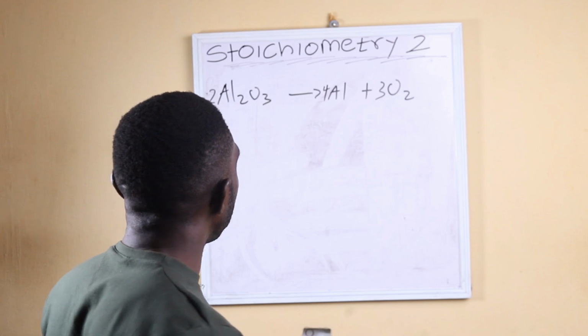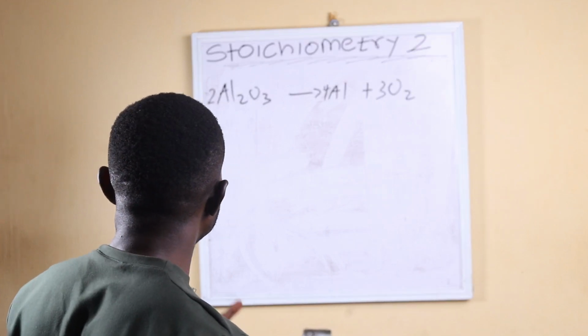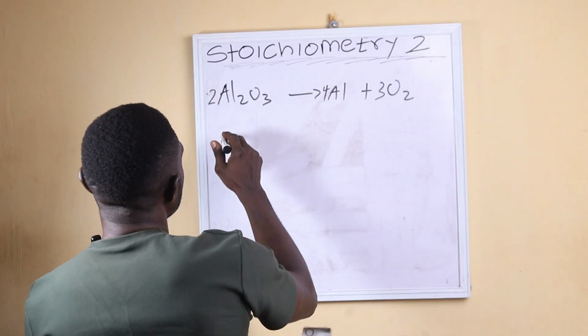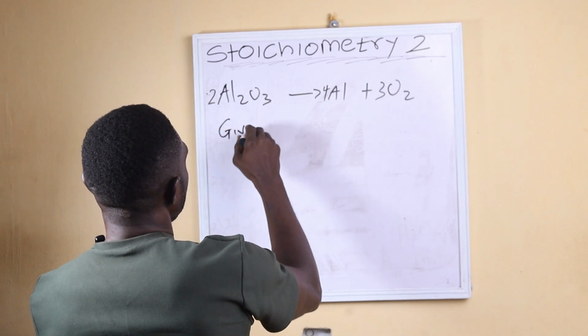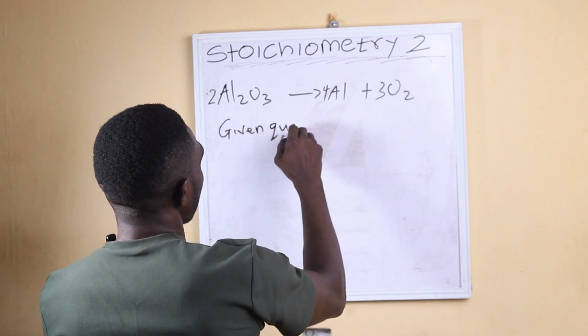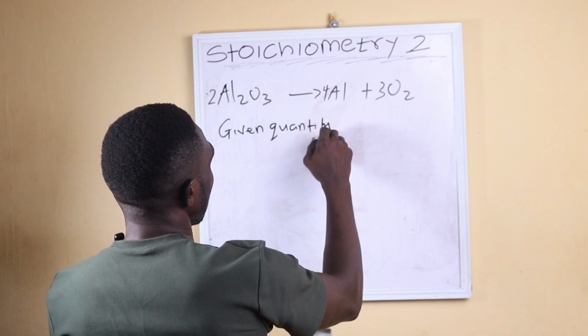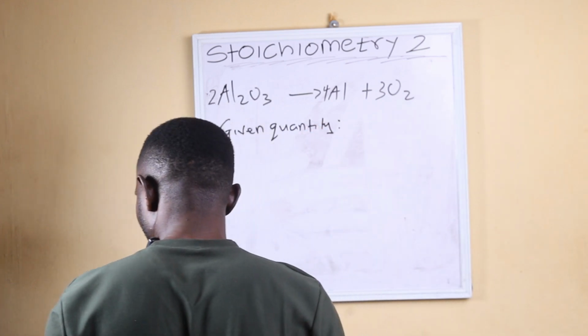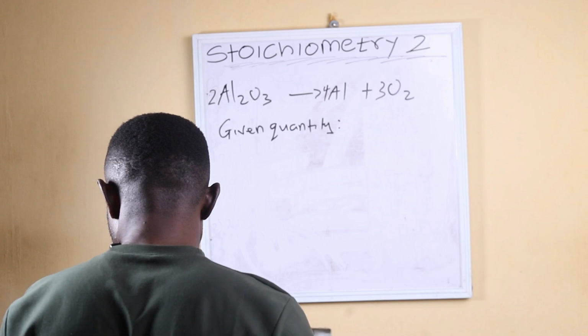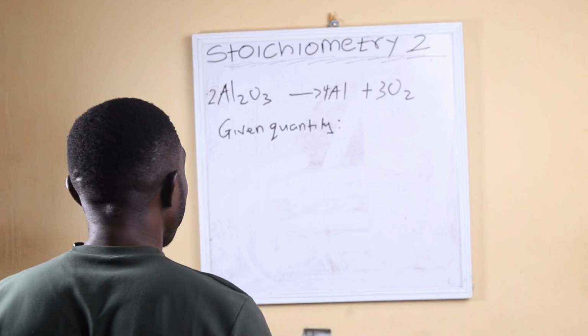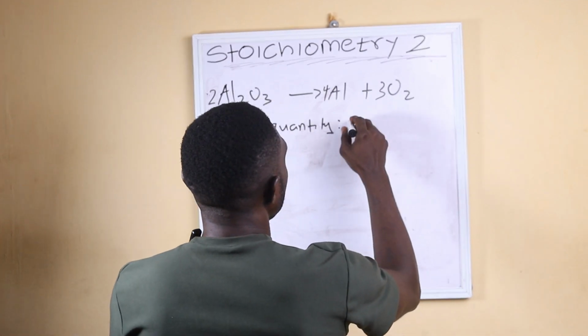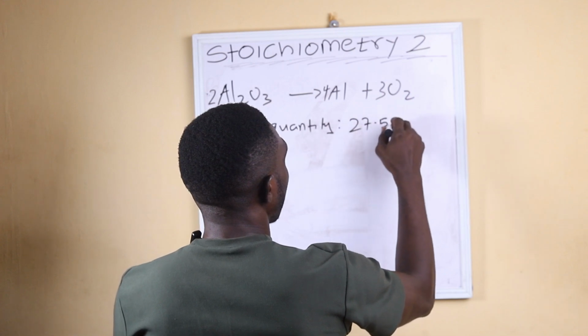So from the balanced equation here, what exactly are we looking for? Remember that the given quantity here is 27.5 grams of Al2O3.